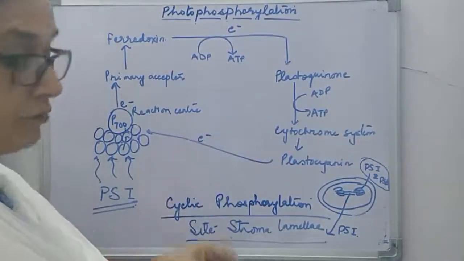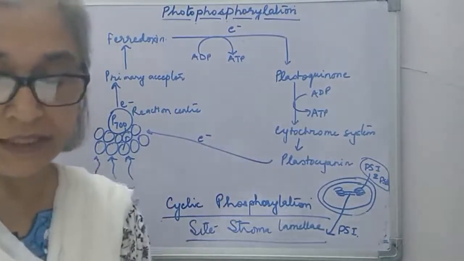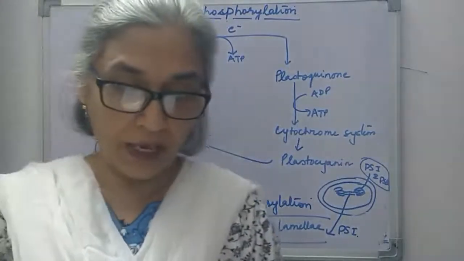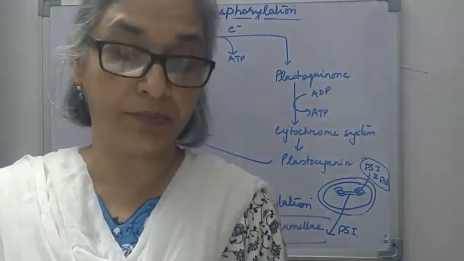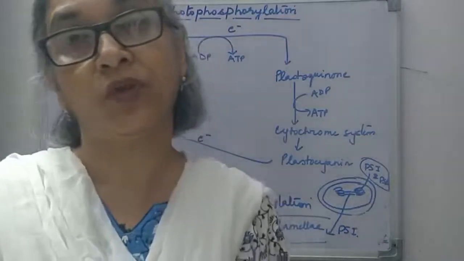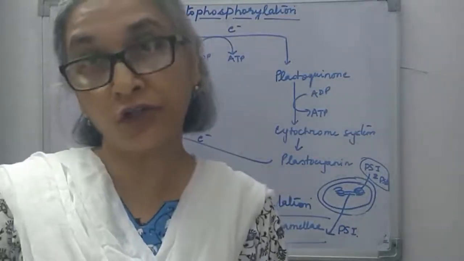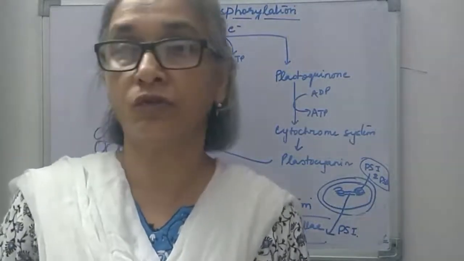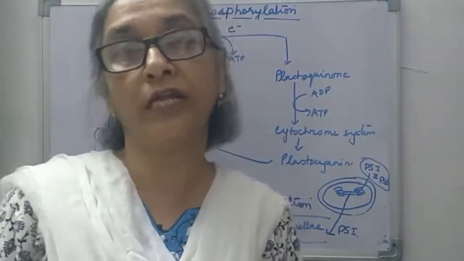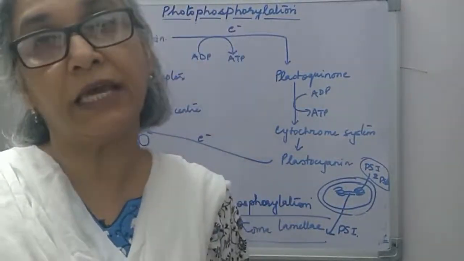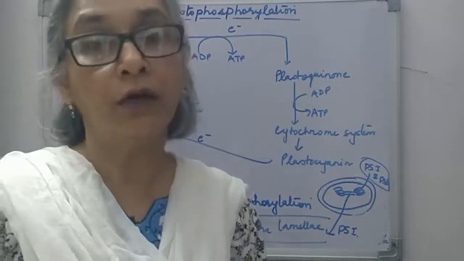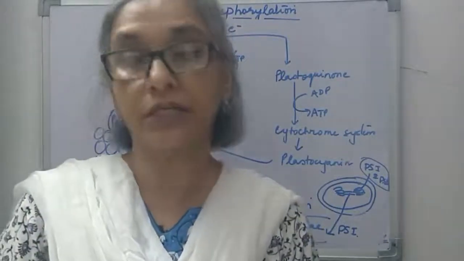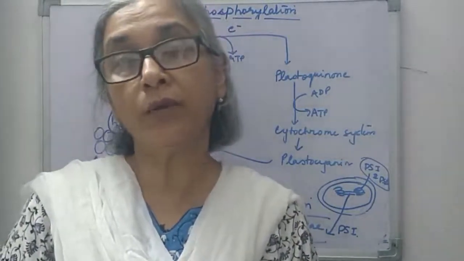Hence, the cyclic flow results only in the synthesis of ATP and not in NADPH formation. So this is phosphorylation in the presence of light, called photophosphorylation, and the two types are cyclic and non-cyclic photophosphorylation.